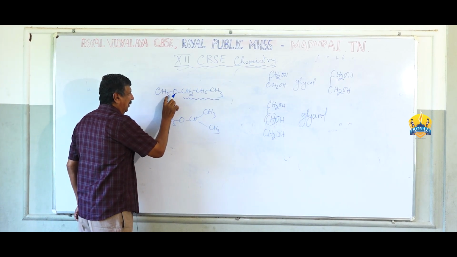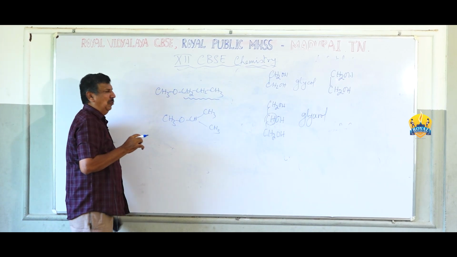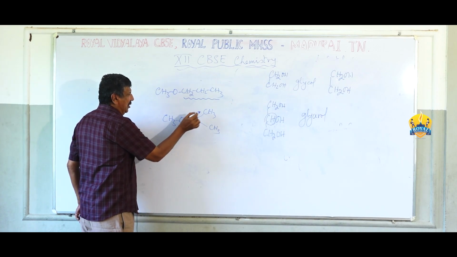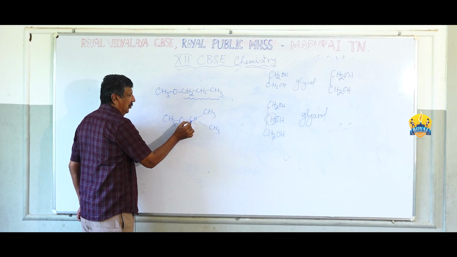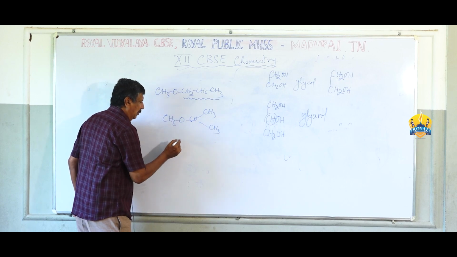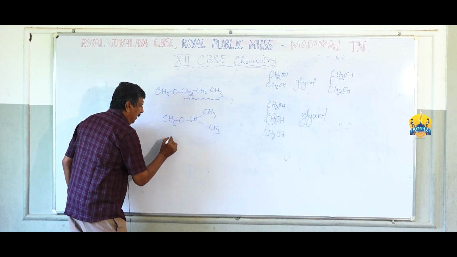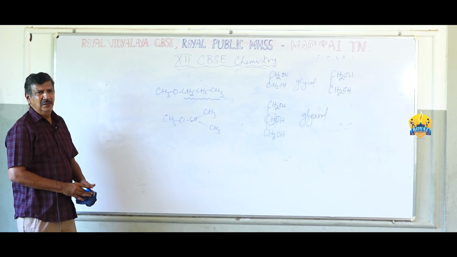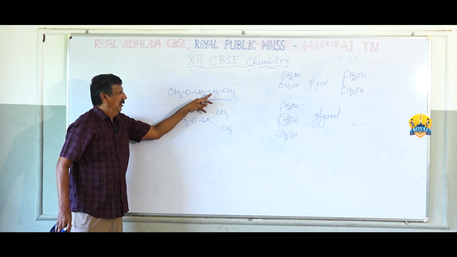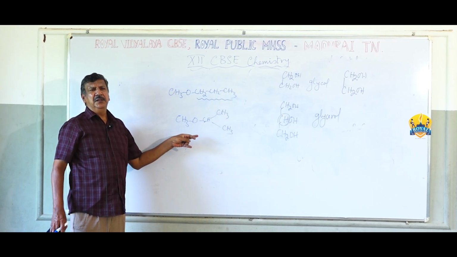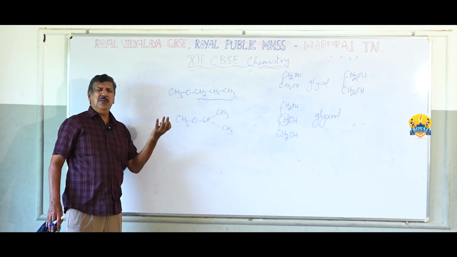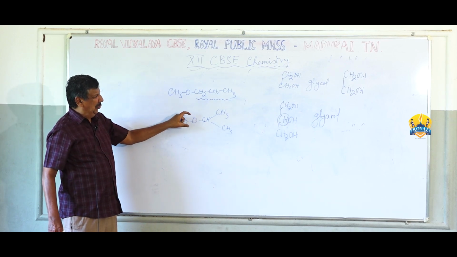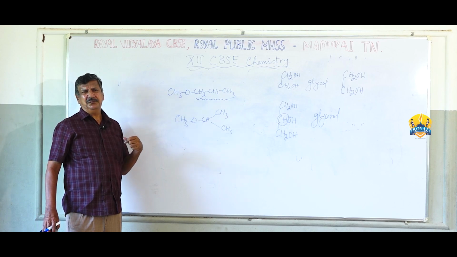So this is called methyl N-propyl ether. What about this? You see, the ether is attached to the middle carbon. So it is called methyl isopropyl ether. This is methyl N-propyl ether. This is methyl isopropyl ether.